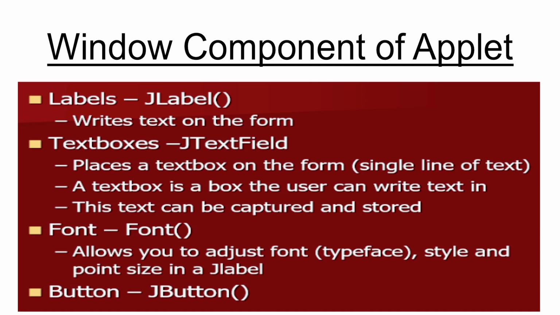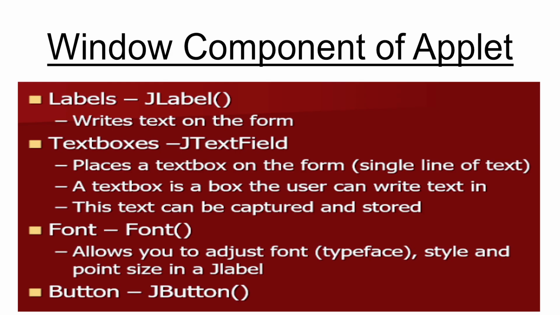A text box is a box the user can write text in, and this text can be captured and stored. Font allows you to adjust font type, face, style and point size in a JLabel.